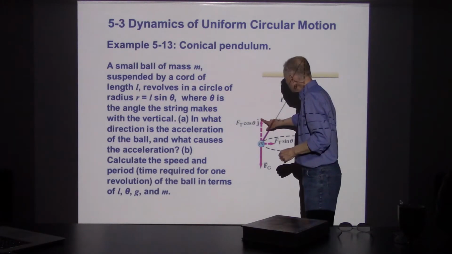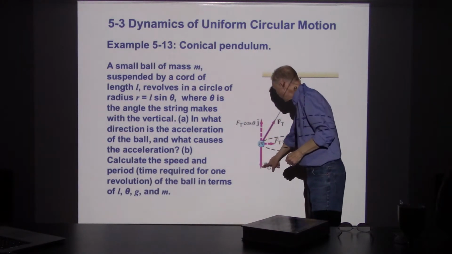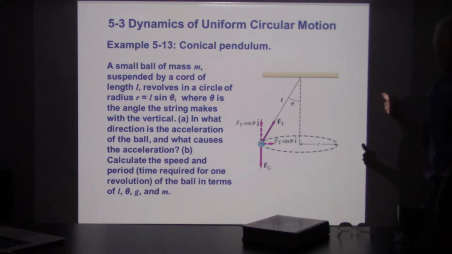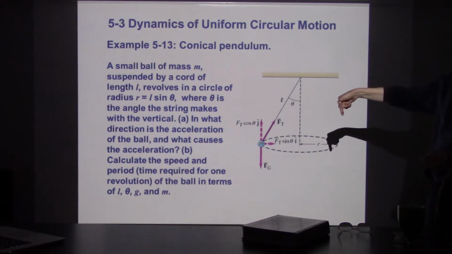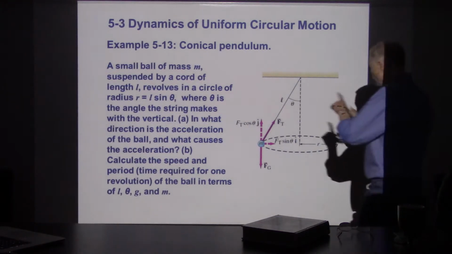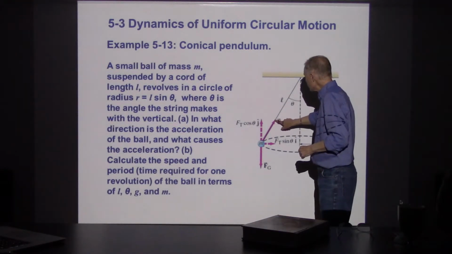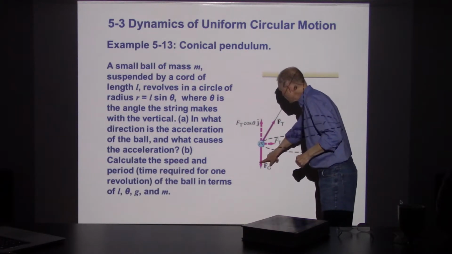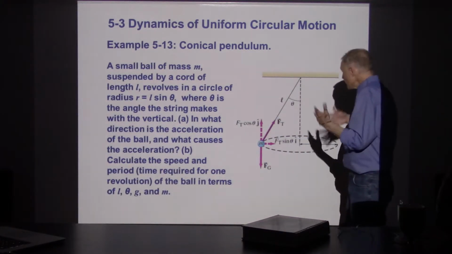The vertical component is going to offset mg. So while this is operating, there's going to be a force of gravity, and the vertical component from this string needs to be balanced with the gravitational force. And that's what's going to be happening.